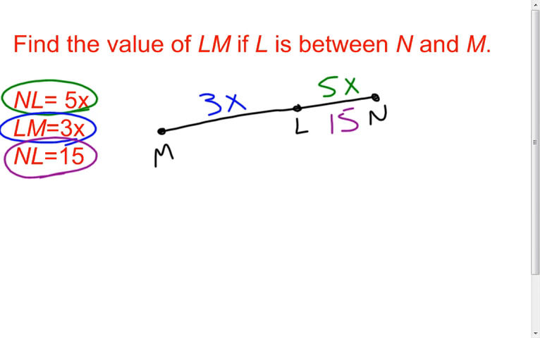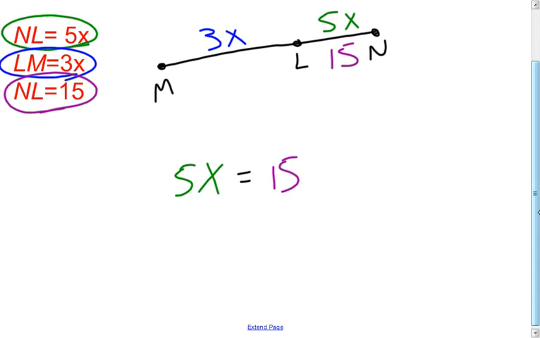Now notice this. I have these 2 things. One time it tells me the length of segment LN is 5x, and one time it tells me 15. It's the same segment, so obviously it's going to have to be equal in length. I'm going to just write an equation. 5x is going to have to equal 15. And again, I have an equation to solve. Solving it, I find out that x equals 3.